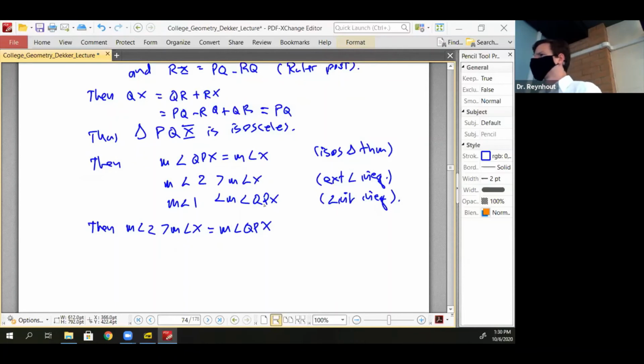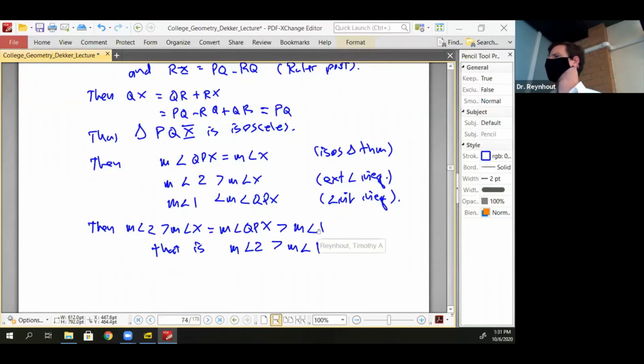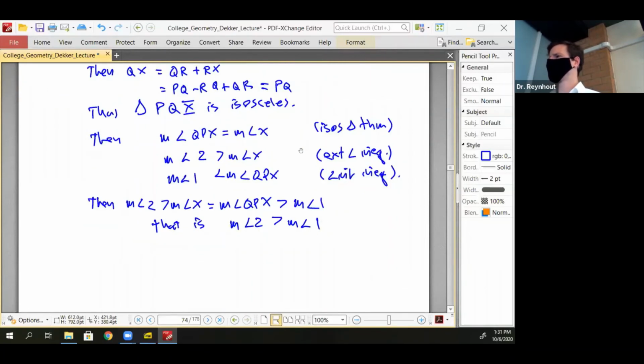And then the measure of angle QPX is larger than the measure of angle 1. No, I wrote the inequality backwards. That is, the measure of angle 2 is larger than the measure of angle 1, which is exactly what we wanted to show for the forward direction.